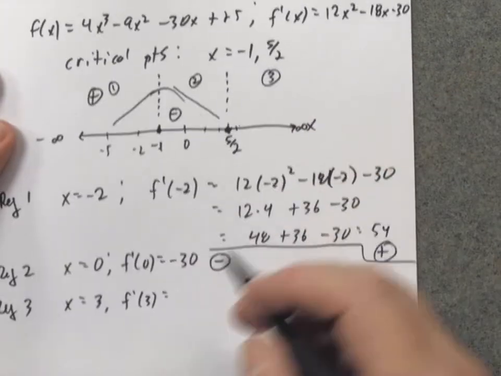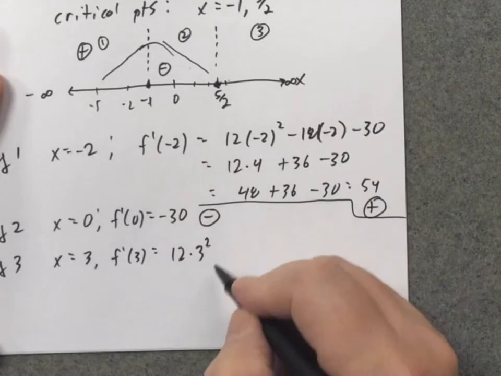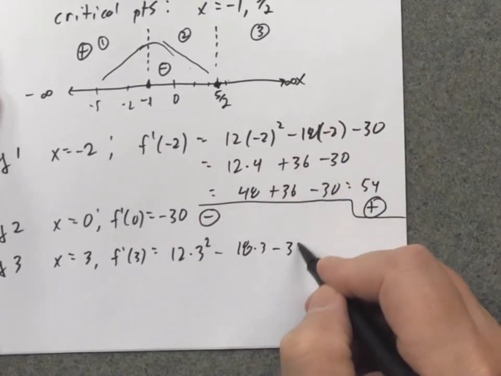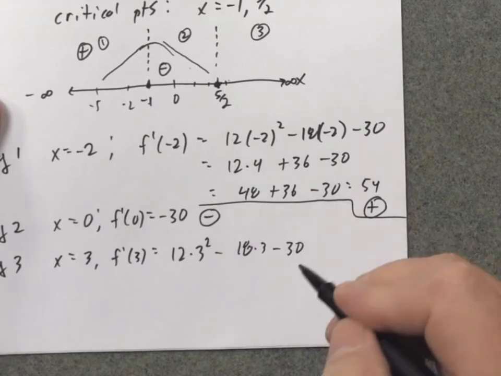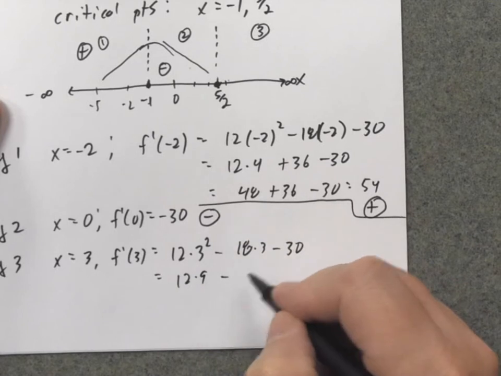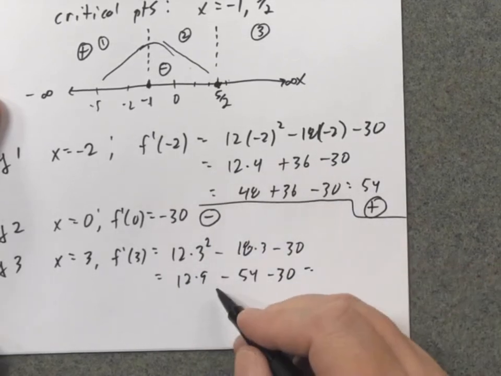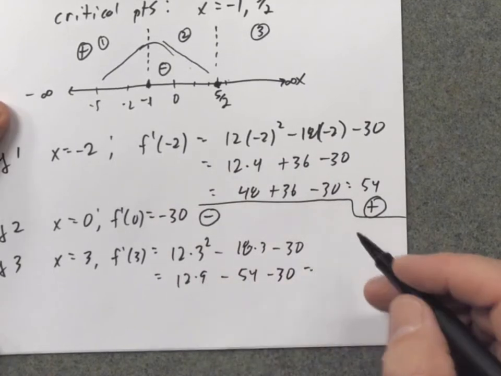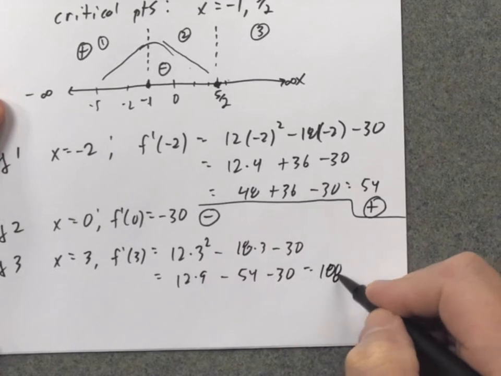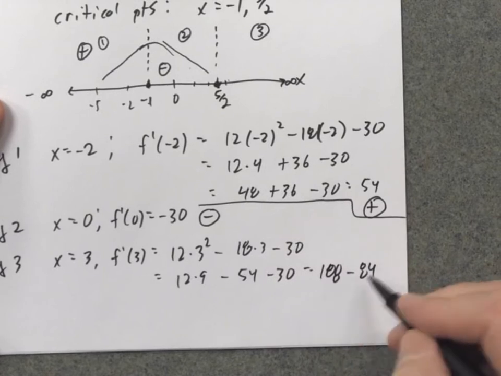So now I plug in 3 into here. 12 times 3 squared minus 18 times 3 minus 30. 12 times 9 minus 54 minus 30. 12 times 9 is 90 plus 18, that's 108, minus... I don't even care about the exact number.